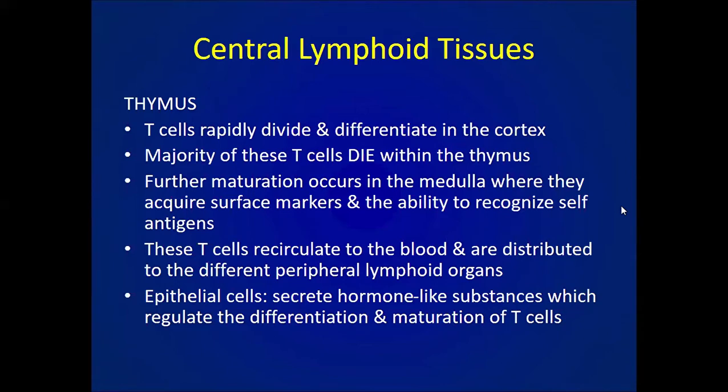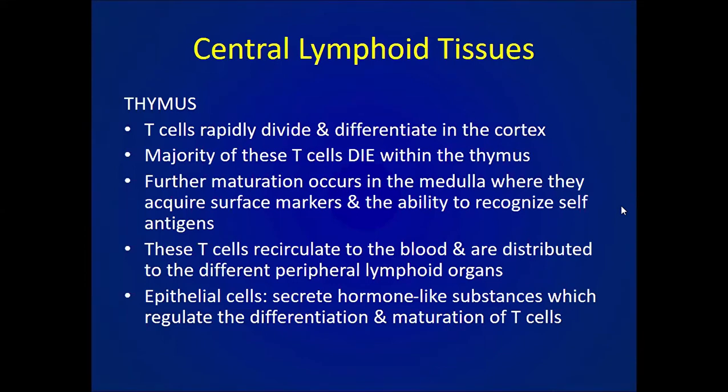You may ask, sir, what happens to the thymus during adulthood? Don't worry, because the T cells and functions of the thymus are then replaced by the peripheral lymphoid organs. And this is the one I mentioned earlier.